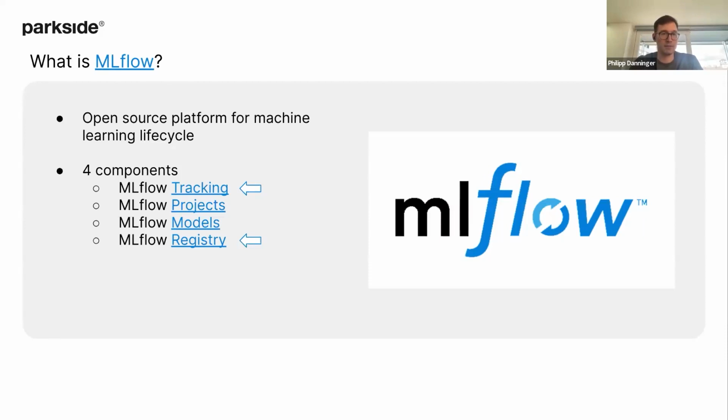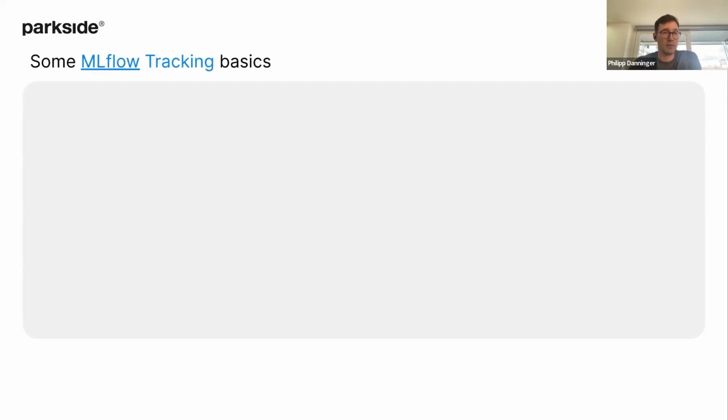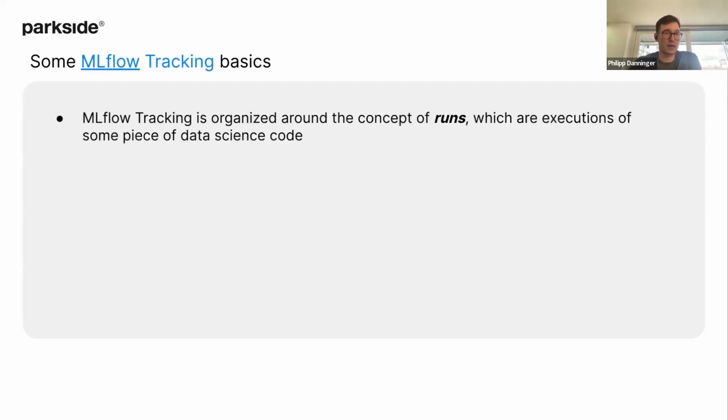So I would like to continue with a brief introduction to the tracking, which is in my opinion the most important component of MLflow. So some basics about the tracking.